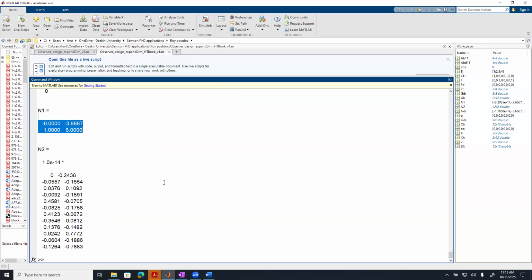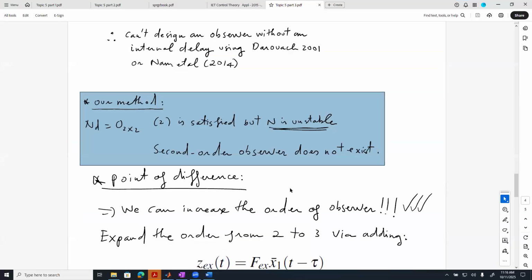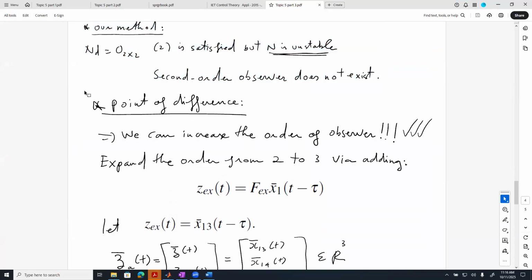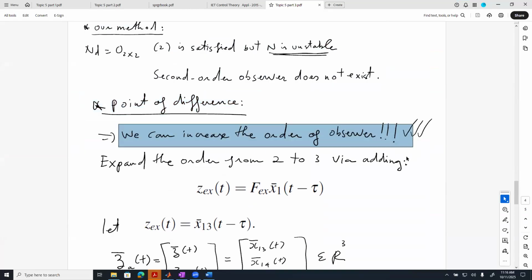All right, so what can we do? And this is the significance of our work, and this is the point of difference compared to all the works in the literature. What is happening here is we can indeed increase the order of the observer. We can.